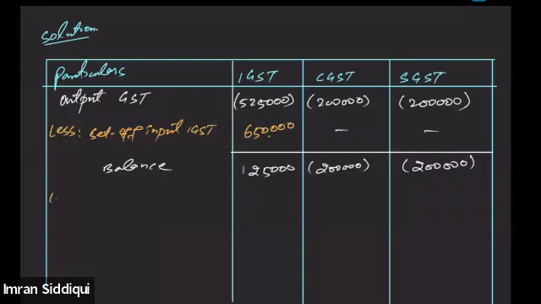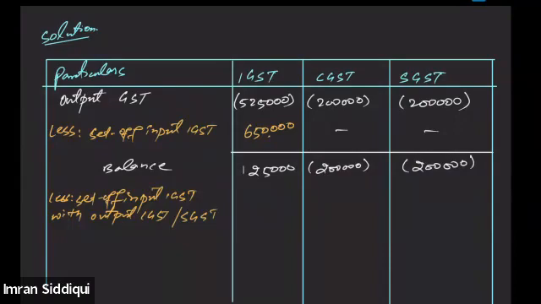So less: set off input IGST with output CGST or SGST, depending upon whether we will be able to set off with the CGST or not.